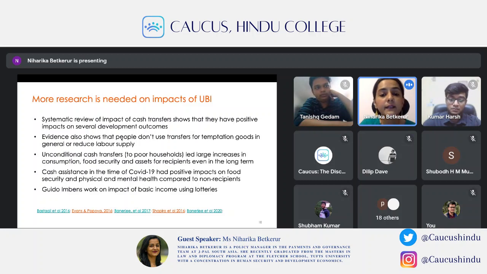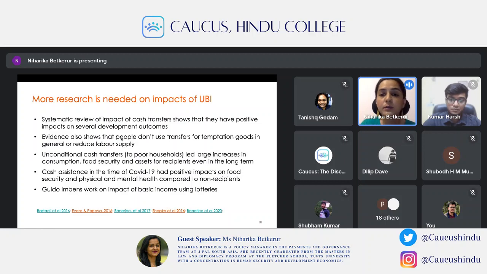And a review of these studies also shows that the concerns around people using cash transfers for temptation goods are not well founded. It actually doesn't exist, and in some cases they actually reduce their expenditure on temptation goods.